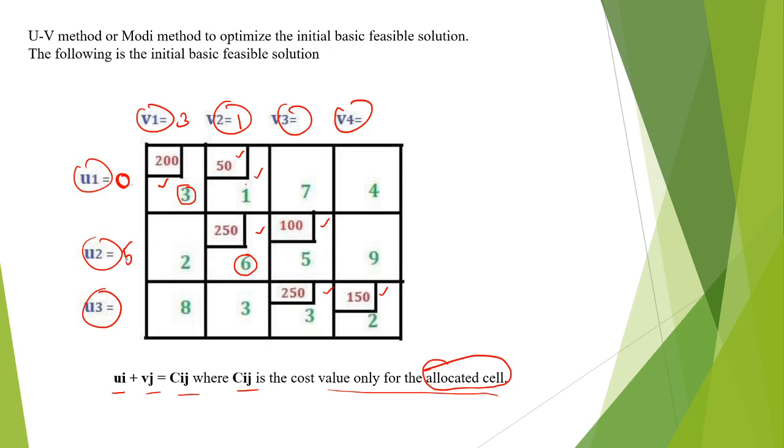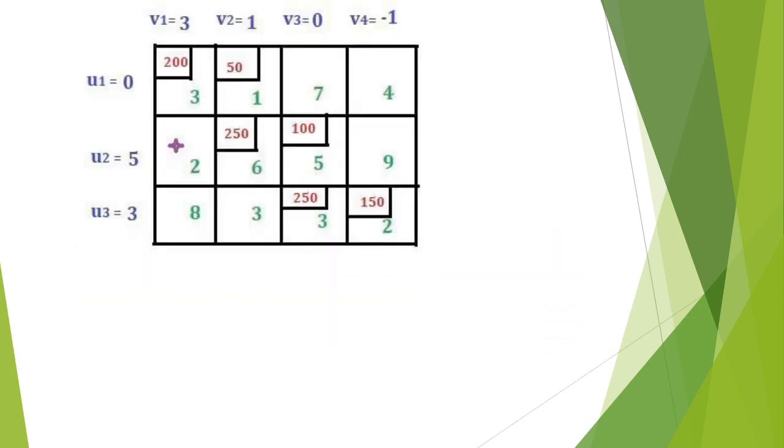Now similarly, U2 is 5 and this is an allocated cell, so V3 is 0. Similarly, we can find the values by using this method. So the values are U1 is 0, U2 is 5, and V1, V2, V3, V4. And we only use the allocated cells for this.